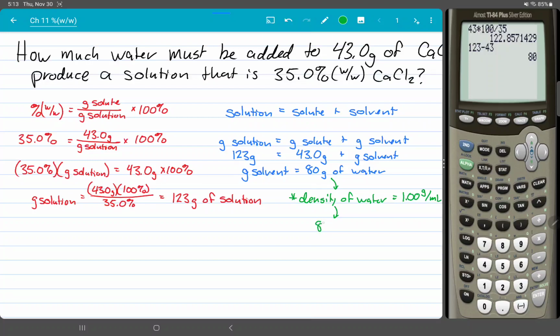So that'd be the same thing as 80 milliliters of water because of the value for density that water has at normal kind of room temperature or close to it. So, how much water? 80 grams, 80 milliliters, depending on if there was any specific units that the problem asked for.